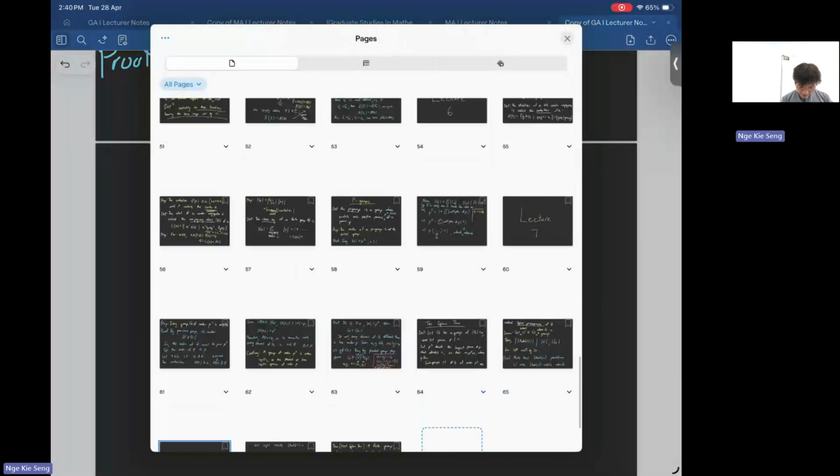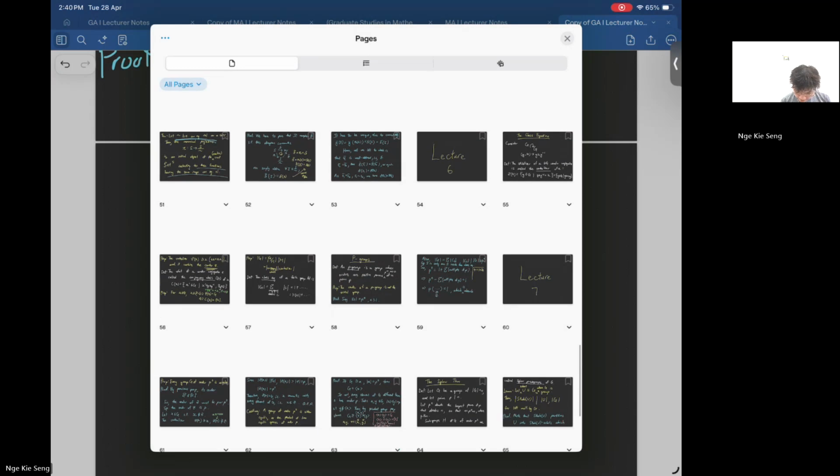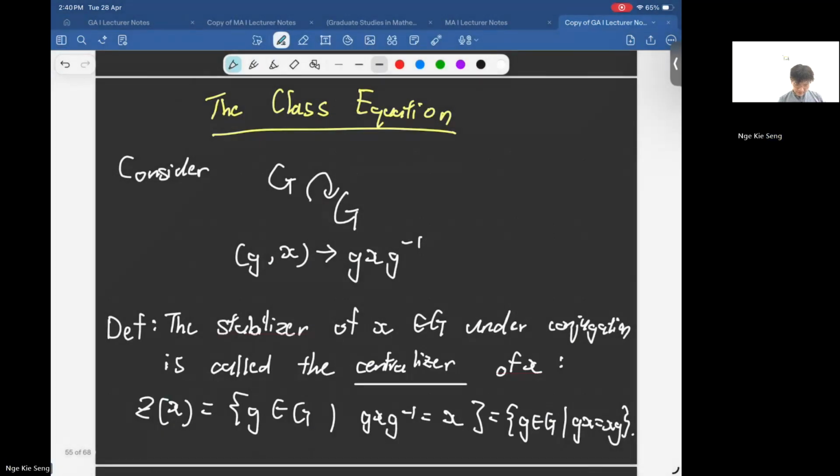So I think we need to recall what stabilizer means. Stabilizer under conjugation is this. We just talked about the conjugation stabilizer. So in general, what is the definition of stabilizer? Basically, it's g·x equals x.